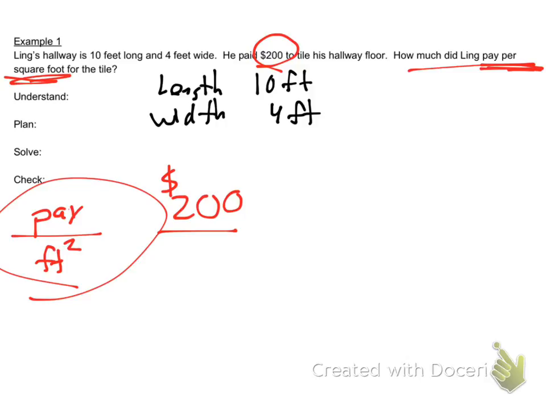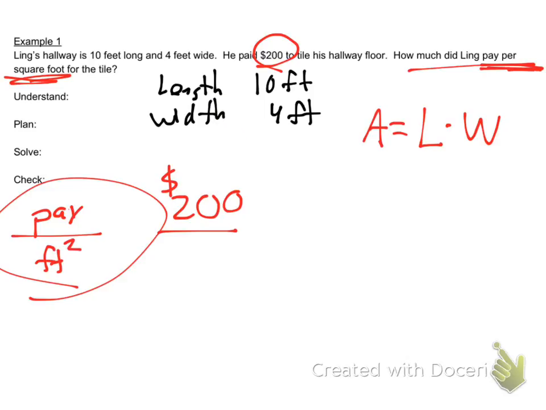It told us dimensions. How do you find square feet? AKA, find the area. So, wait a minute. We don't have area listed. So that means we've got to find the area. What's the formula for that? Area equals length times width. I think we talked about length and width right here.